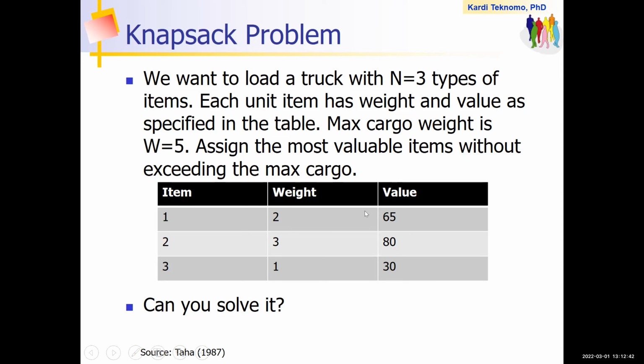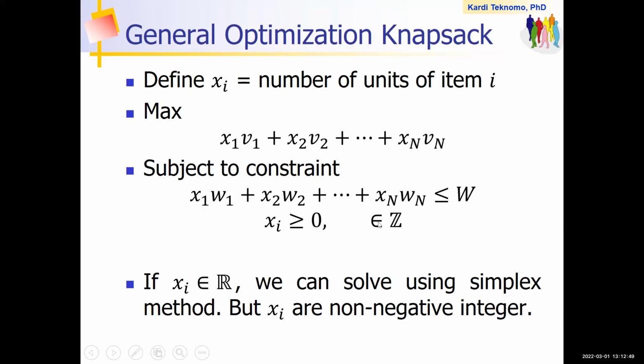So this problem is from our handbook, which is from Taha, right? We discussed last meeting that the general optimization of knapsack is something like this. You need to maximize the sum of xi times vi.